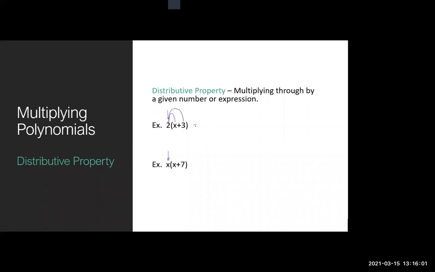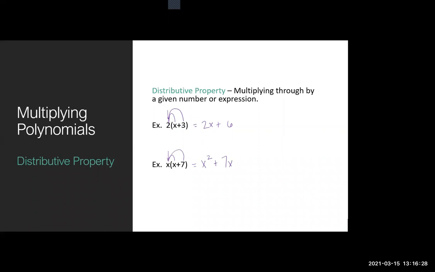So 2 times x would give me 2x. 2 times 3 would give me 6. Let's do it with the second one. X times x would give me x to the second. X times 7 would give me 7x. When we distribute, we multiply.